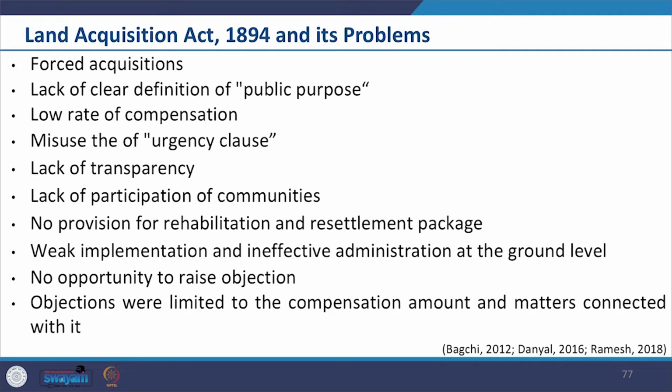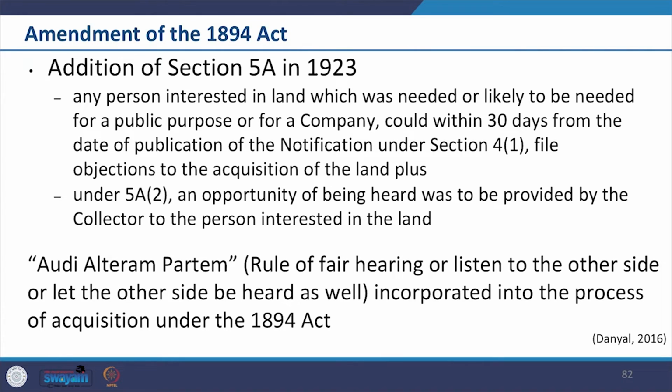According to Professor Daniel's writing, the Act of 1894 did not provide any opportunity to landowners, or persons having an interest in land, to raise objections against the acquisition of land. This led to the amendment of the 1894 Act in 1923, by which Section 5A was added.